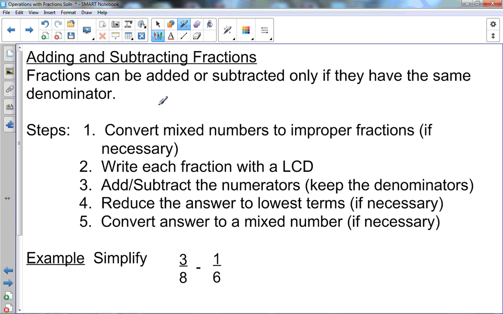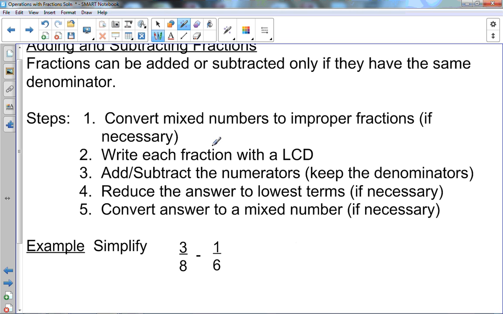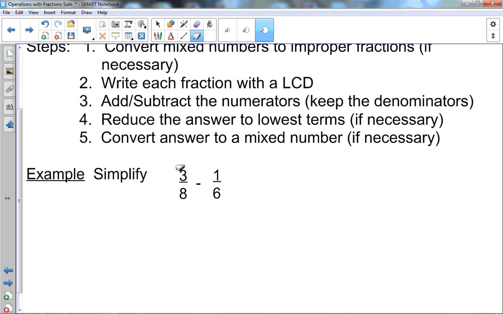So to add and subtract fractions, we have these steps that you have on your sheet, and what we're going to do here is we want to simplify 3/8 minus 1/6. In this case, the LCD between 8 and 6, well, we already worked it out, it's 24. So we want to multiply both the numerator and denominator of this fraction by 3 and multiply the numerator and denominator of this fraction by 4.